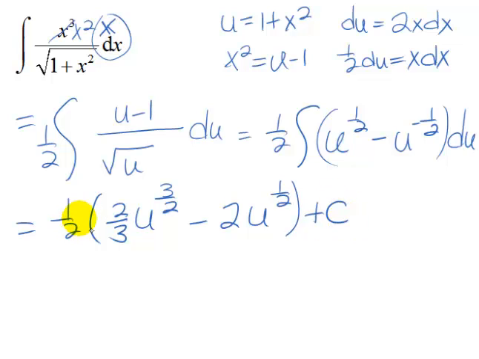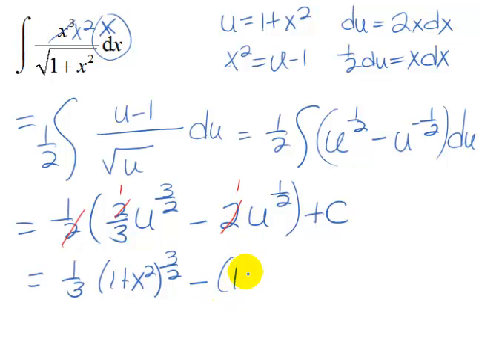So as I look at this, I can actually get rid of this 1/2 because I could cancel it here and here. Now let's go ahead and resubstitute, and so it looks like I have 1/3, and my u was 1 plus x squared, and that's to the 3/2, minus my 1 plus x squared, this time to the 1/2, and then plus a constant.